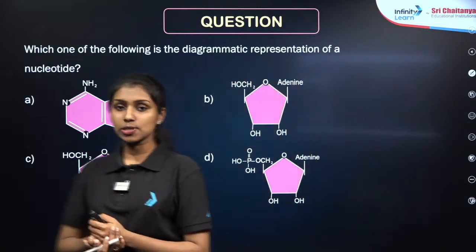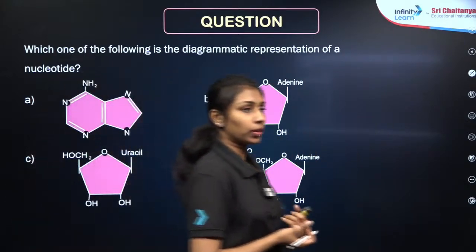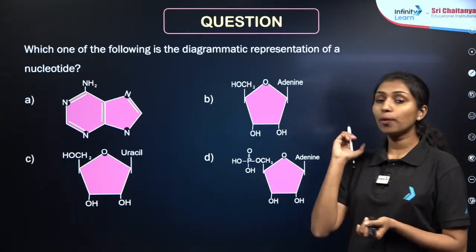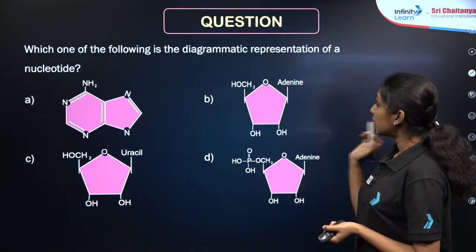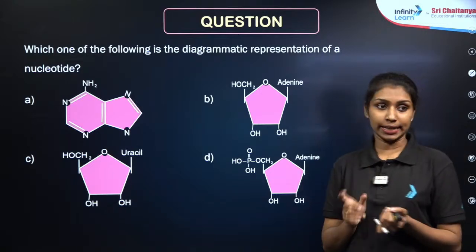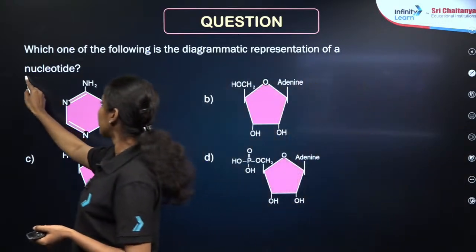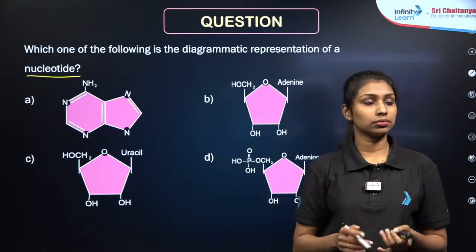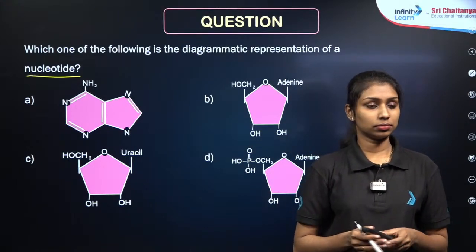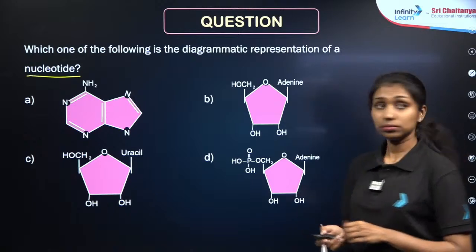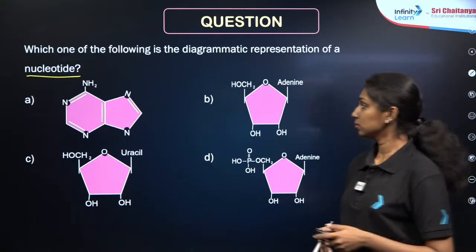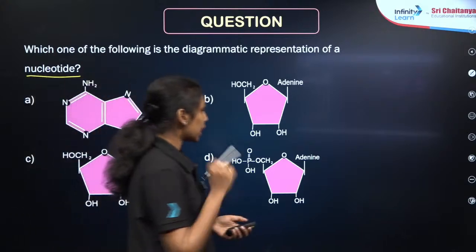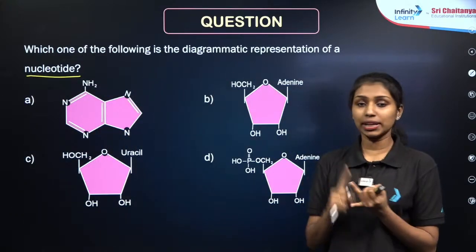Okay. Here is a question based on the nucleic acid topic. Different diagrammatic representations are given here. You have to identify which one is the diagrammatic representation of a nucleotide. In the case of a nucleotide, there will be the nitrogen base, sugar as well as phosphoric acid.